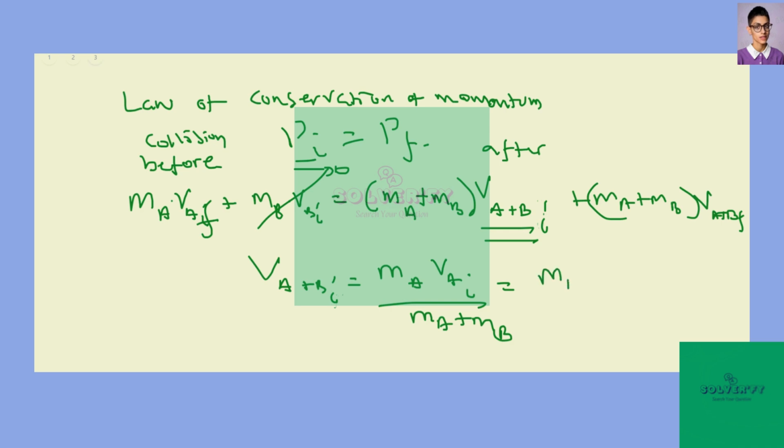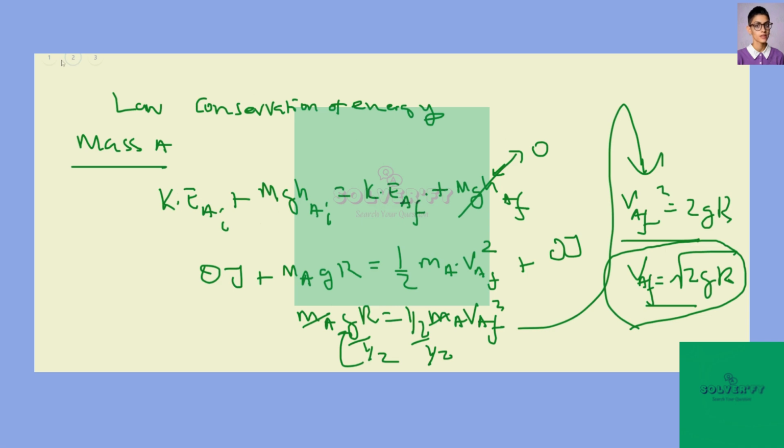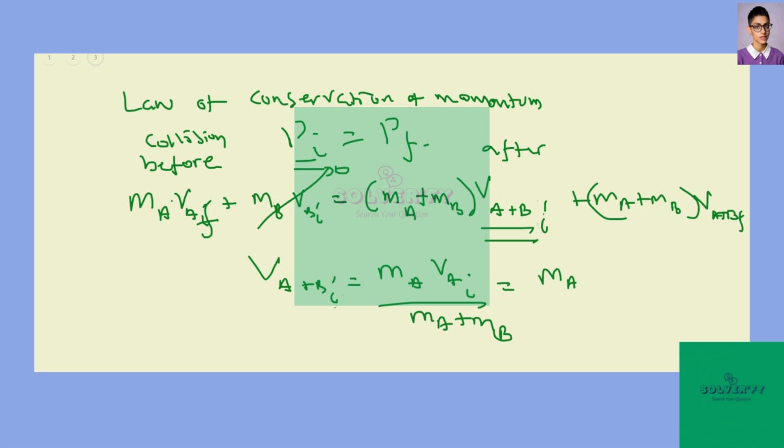So we're going to plug in MA, VA final just before they collide. This is VA final before they collide because we changed this to VA final equals radical 2gr like that.